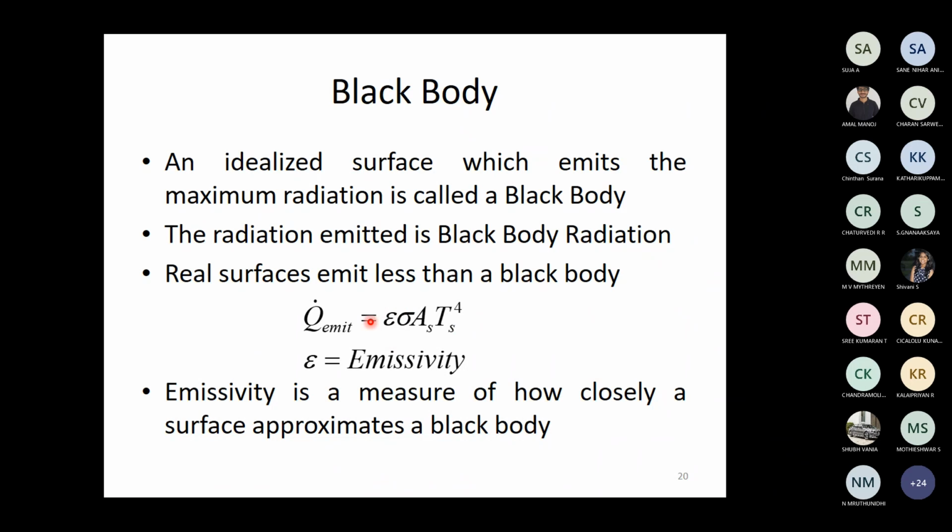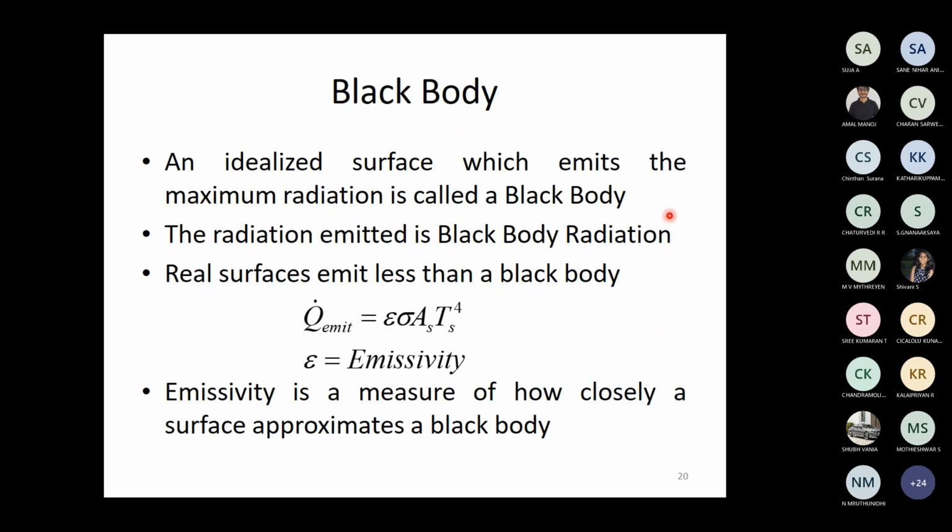Therefore, real surfaces emit radiation much less than a black body. So emissivity is a measure of how closely a surface approximates a black body. So black body emissivity is equal to 1 and real surfaces will be between 0 and 1. The closer the value is to 1, the blacker the body is. So that's how you can understand this.